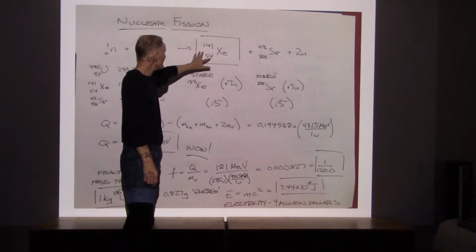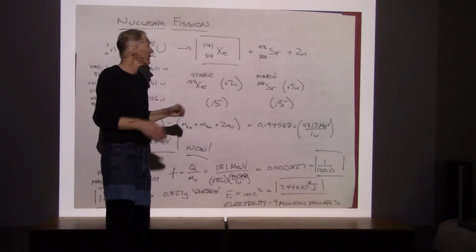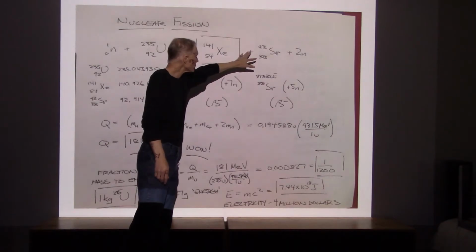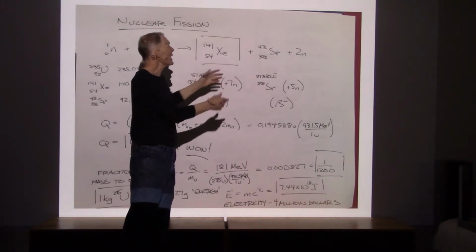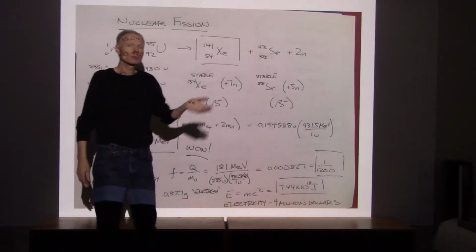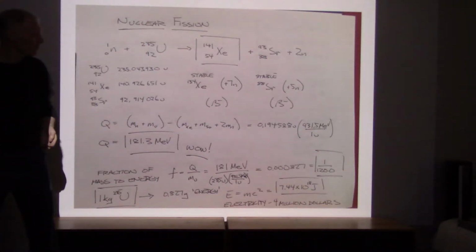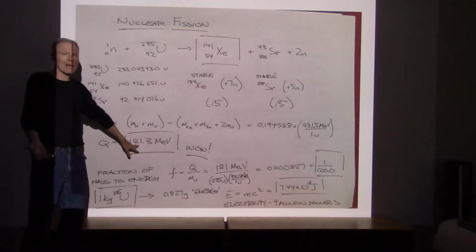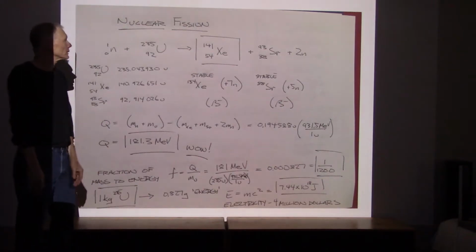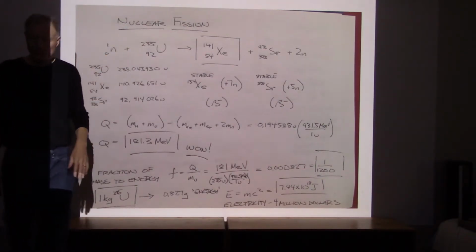So these fragments have excess neutrons and are going to be radioactive. Even then, there will be individual neutrons left over coming off. So you're getting enormous amounts of energy, 180 MeV, but you're generating radioactive materials.